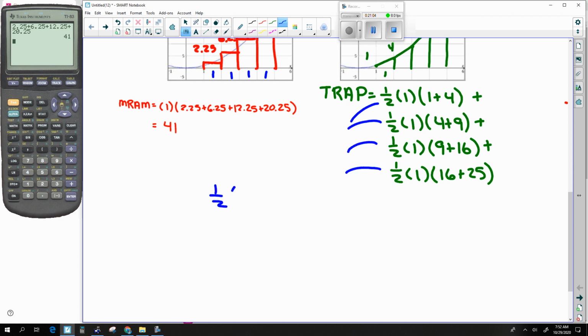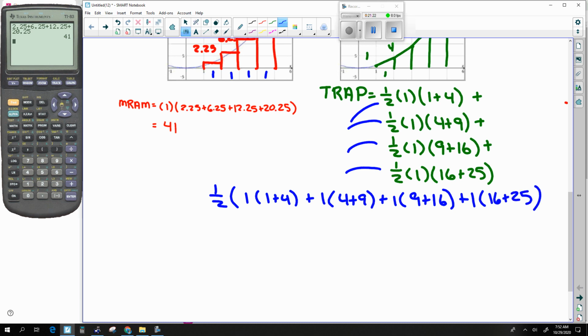So I'd say 1/2, and then 1 plus 4 plus 1, 4 plus 9 plus 1, 9 plus 16 plus 1, 16 plus 25. Again, that's assuming that these heights are different. Here they're the same, but GCF out the 1/2 if the heights are different, and then you can go to work.